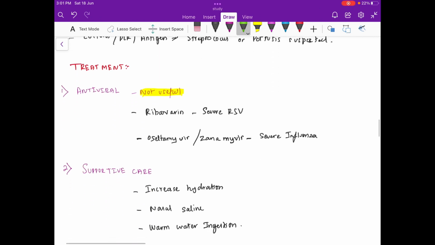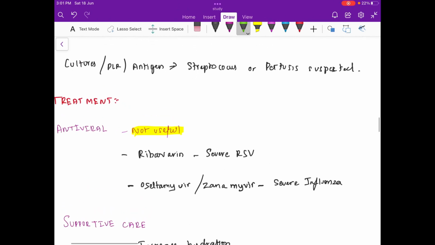Now we have diagnosed the common cold based on the symptoms and presentation. Now coming to the treatment for common cold. First, antiviral treatment. For a simple common cold which comes to your clinic or your hospital, no antivirals are required.